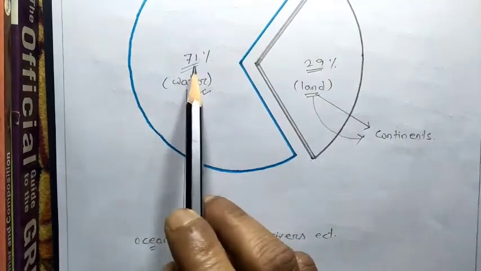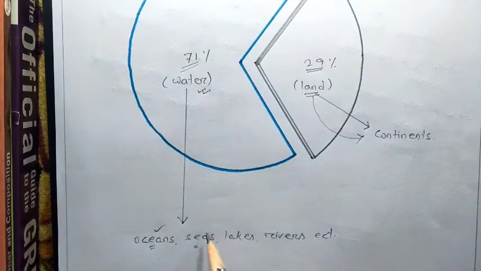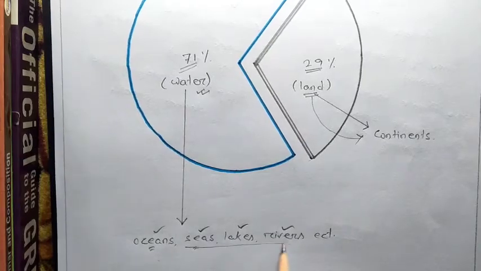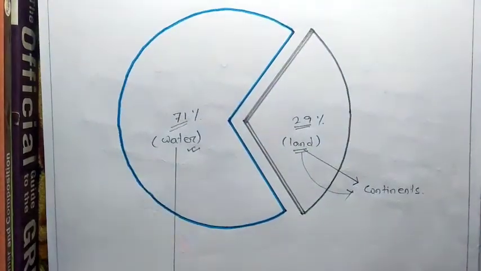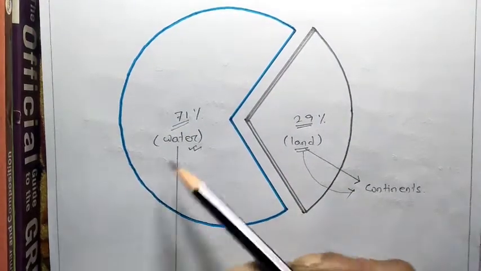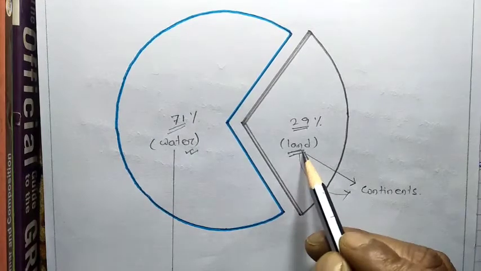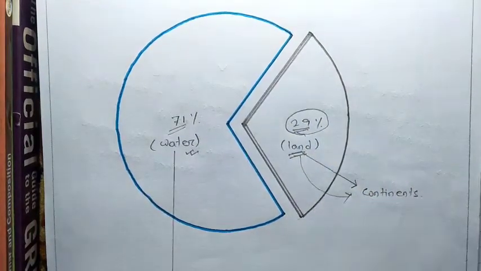But the 71% water bodies consist of oceans, seas, lakes, rivers. All these forms of water bodies are in this 71% of the earth's surface. When we discuss water, I shall tell you in detail. Now we shall be focusing only on land, which covers only 29% of the earth's surface.